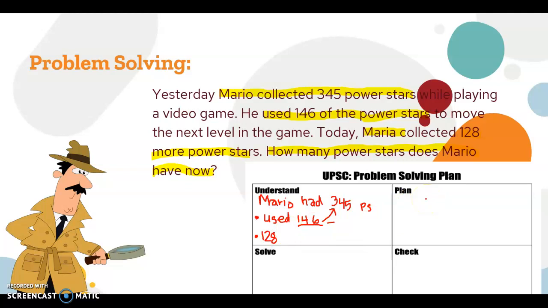So I'm going to use a strip diagram. And so I know that he has a total or had a total of 345. He used 146. So I need to find that missing part. And remember, we're trying to find the total of stars that Mario has now.